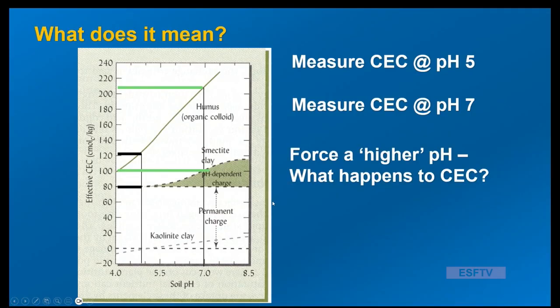Pretty cool. So when we force a higher pH, when we use a high pH system, what happens to CEC? And you remember, when we force the pH to 7, we're going to get a bigger CEC. So methods matter. Bigger number.